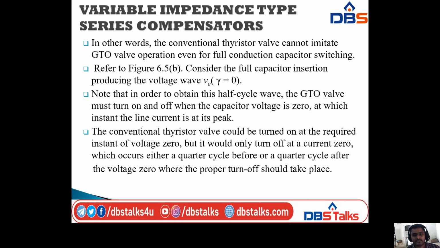Consider the full capacitor insertion producing the voltage waveform, that is Vc at gamma equal to 0. Note that in order to obtain this half cycle wave, the GTO valve must turn on and off when the capacitor voltage is 0, at which instant the line current is at its peak. The conventional thyristor valve could be turned on at the required instant of voltage 0, but it would only turn off at a current 0, which occurs either a quarter cycle before or a quarter cycle after the voltage 0, where the proper turn off should take place.